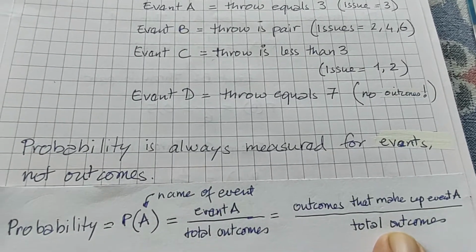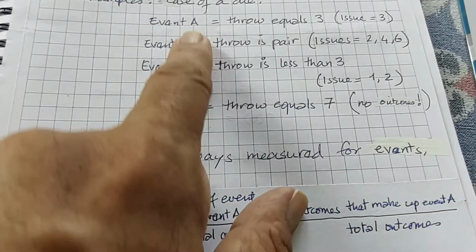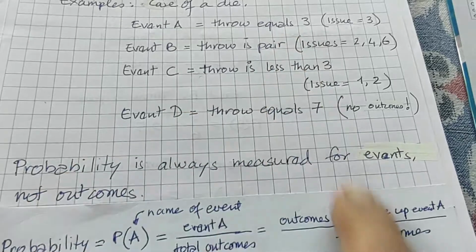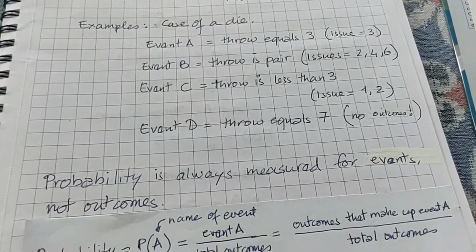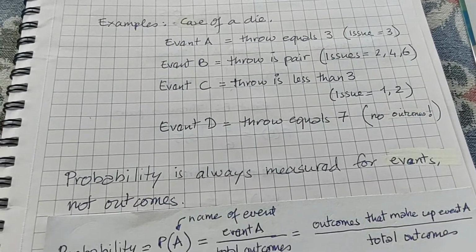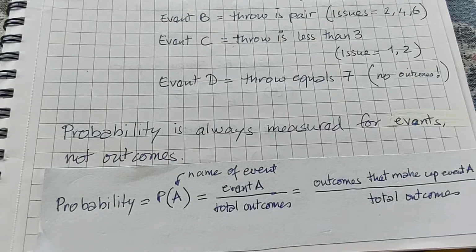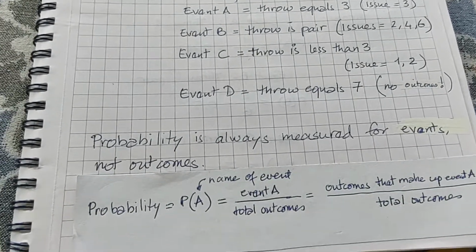Total outcomes are 6. We are talking of a die. So the probability that you will roll a 3 is 1 over 6, which we know because a die, assuming it is properly balanced, will give you a 1 in 6 chance of getting any one of the 6 numbers on it.